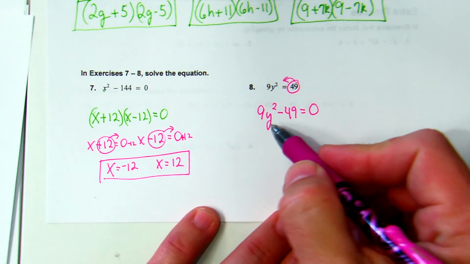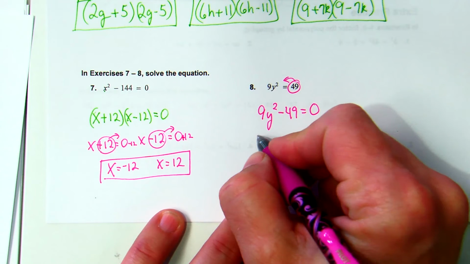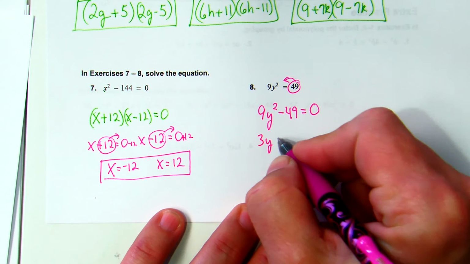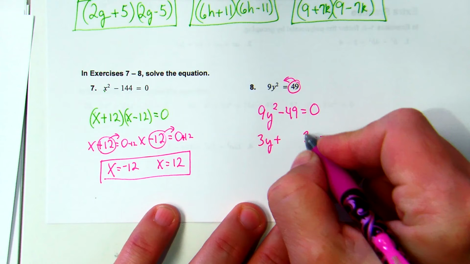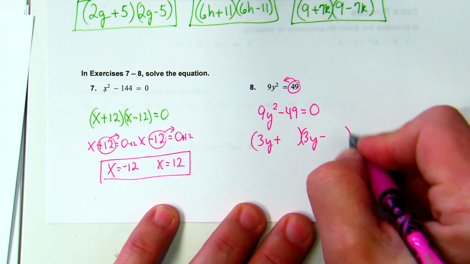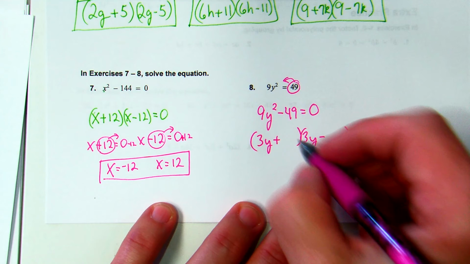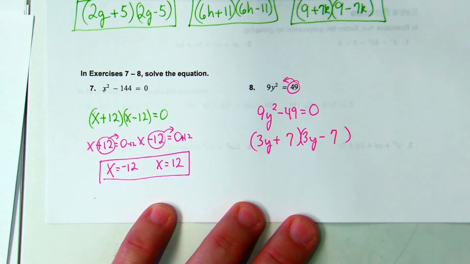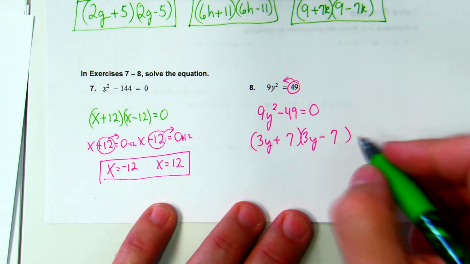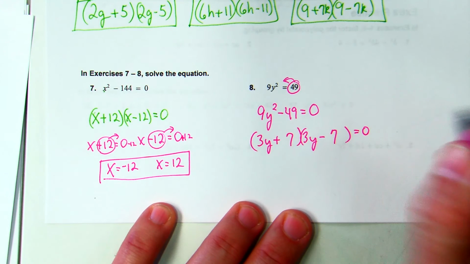What's the square root of 9y squared? 3y, and it's going to be plus something, and then 3y minus something, right? What's the square root of 49? We already determined that up top was 7, so we'll have 3y plus 7 and 3y minus 7. Now at this point, I need to set these equal to 0 because this whole thing is supposed to be equal to 0.